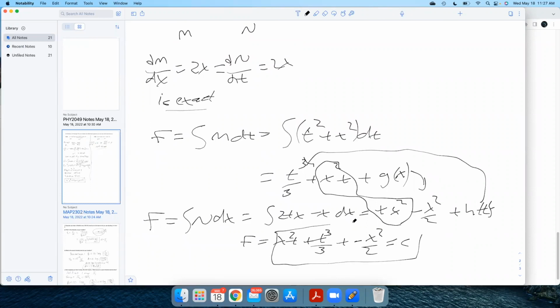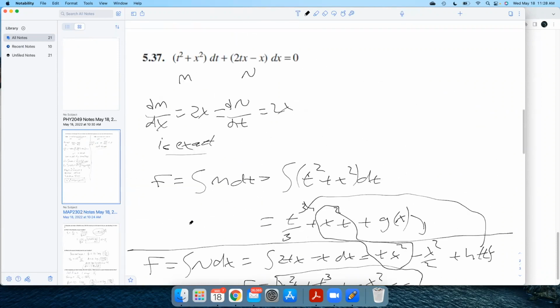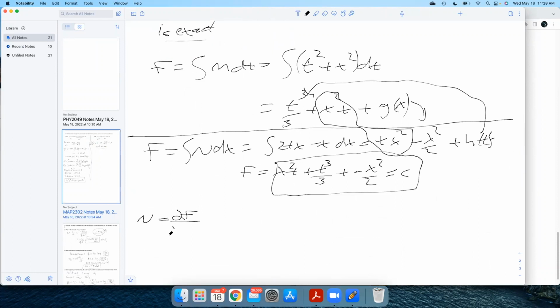Okay, so the other method I was going to show you was to get here. So pretend I did not do this chunk here. Get F, and then say, well, N is supposed to be the partial of F with respect to x. So now we integrated that with respect to t.